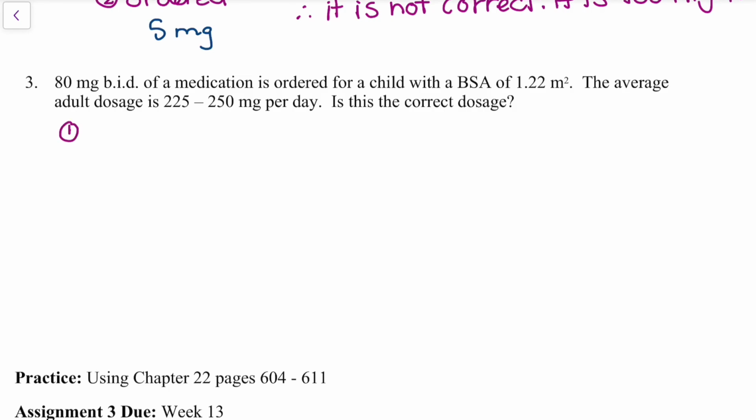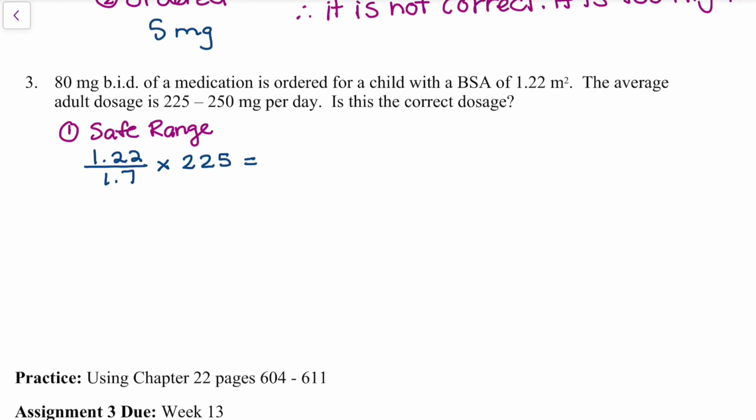So the first thing I'm going to do is figure out what the safe dosage range is for this child. Now they've given us a range, so our 10% doesn't come into effect here. So we're going to do 1.22 divided by 1.7 times 225. So we'll do the lower end of that range first.